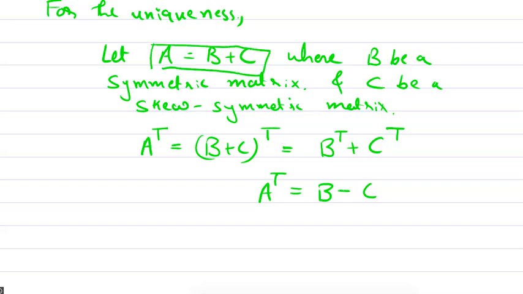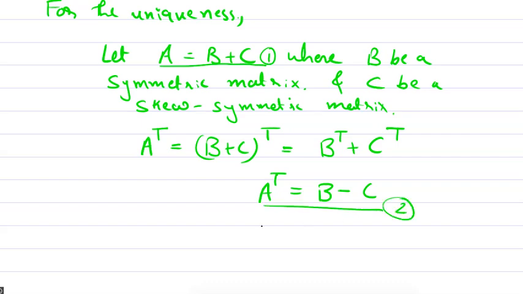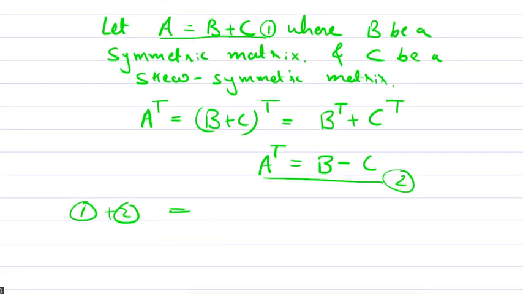So from this information, we are going to get B. Let's say this is equation number 1 and this is equation number 2. From 1 plus 2, what do I get? A plus A transpose is nothing but 2B.